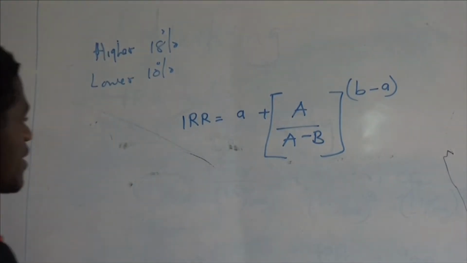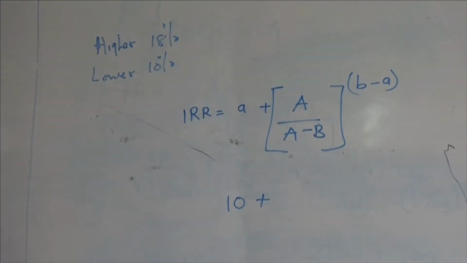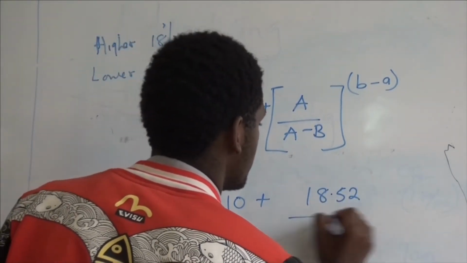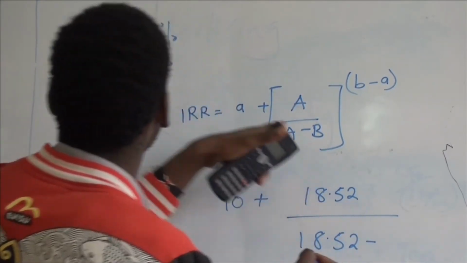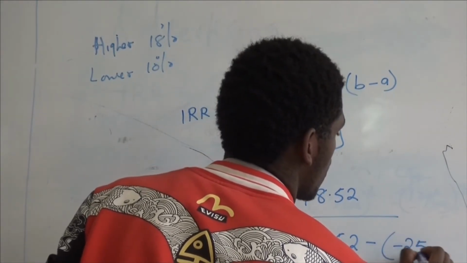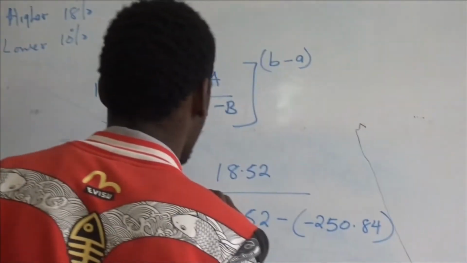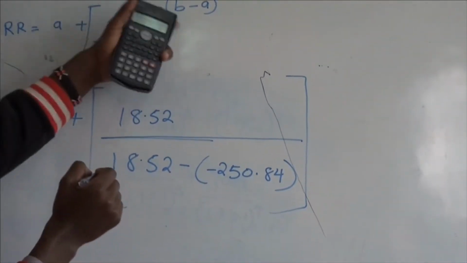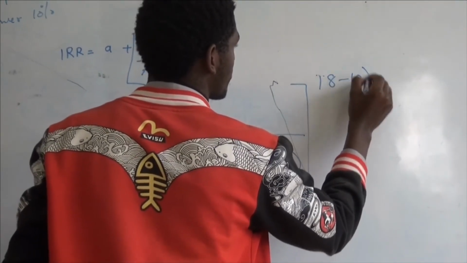So our lower rate was 10%, so 10 plus NPV of lower rate, 18.52, divided by 18.52 minus the NPV of higher rate, which was negative 250.84. Of course, we multiply by the difference between higher rate and lower rate. Our higher rate was 18, so 18 minus 10.